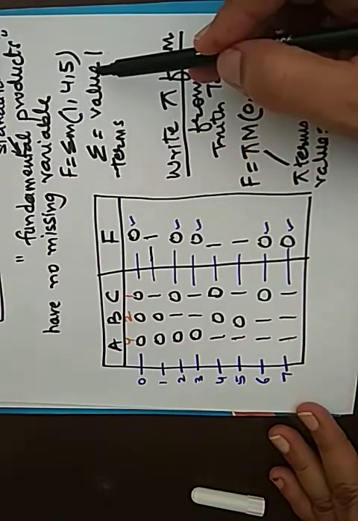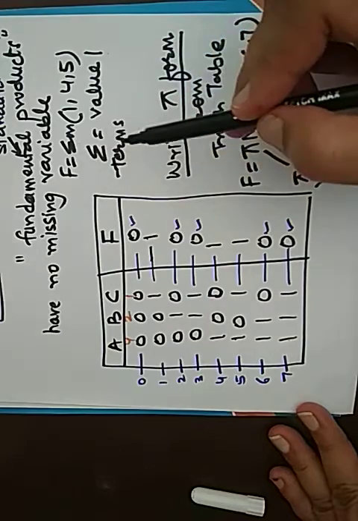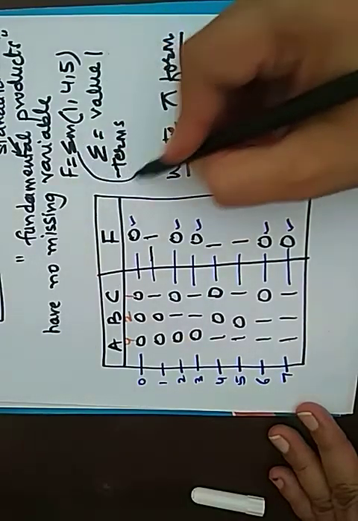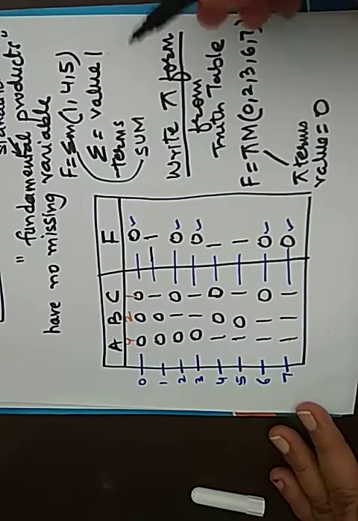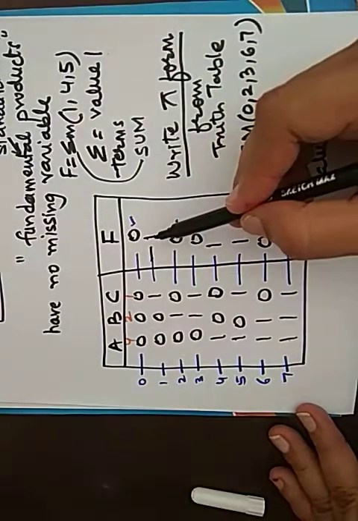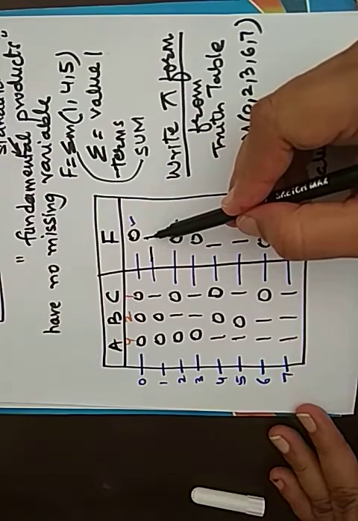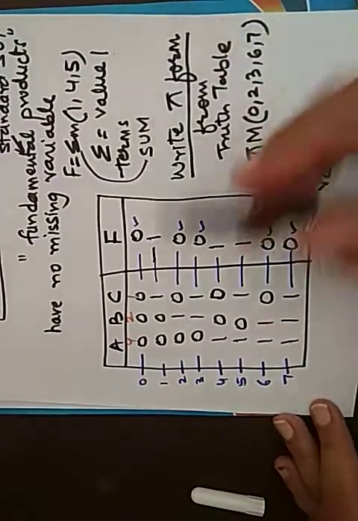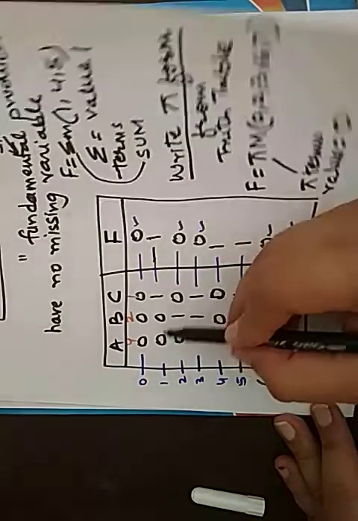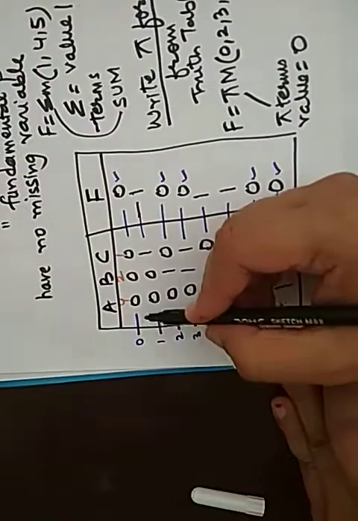So this shows you how from the truth table the sigma function can be written. Sigma terms are 1. Sigma signifies the sum, so the sum of terms whose values are 1. The terms are 1, 4 and 5. And we saw that the term 1 is nothing but A bar, B bar, C. We had seen this last time.